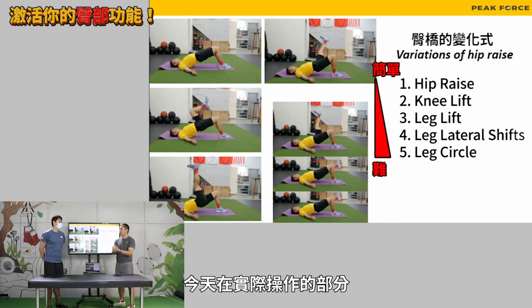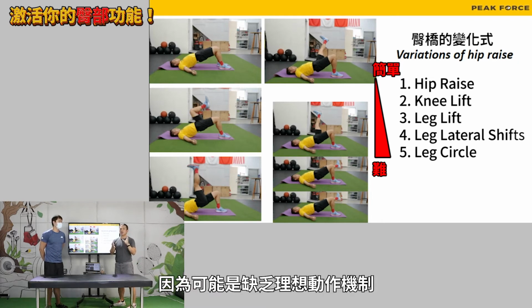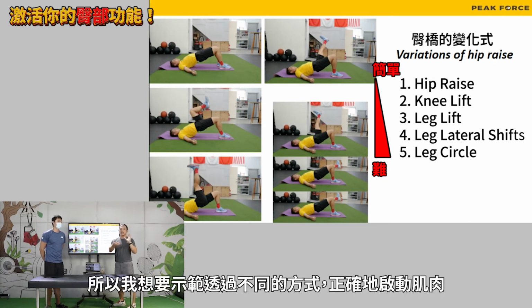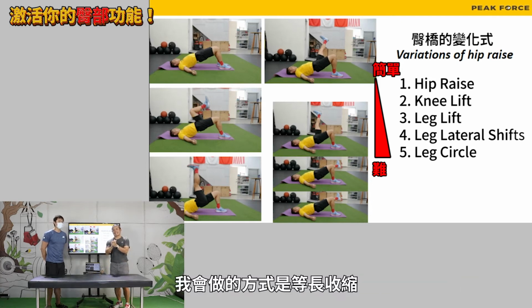But I'm talking about this one more for people who can actually do these kinds of exercises correctly. Today, in a hands-on session, I want to actually show people who feel like they don't feel it so much on the glutes, okay? Because probably lack of proper mechanics. So I want to show you guys different ways to activate the right muscles. 好，那因为有些人在做这些动作的时候，他因为身体的机制不是那么好，所以他感觉不到他的臀部被激活。那等一下我们就会来示范说，如何去正确的去激活你的臀部髋关节的能力，这样。 And then the way I do this is actually, it's isometric contraction.